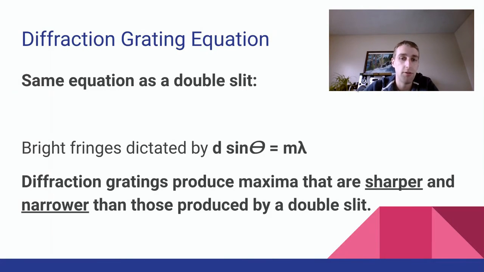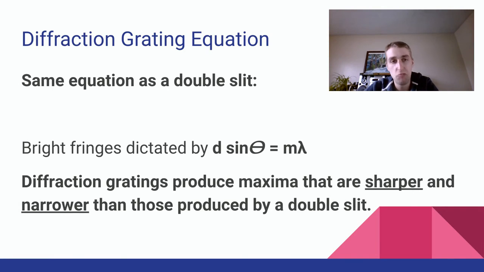But what these do is they follow the same equation as a double slit: d sine theta equals m lambda, and they follow the same conventions for bright and dark that you'd expect for a double slit. So this equation as written gives you the brights. You can find the dark spots if you switch out m for m plus a half.